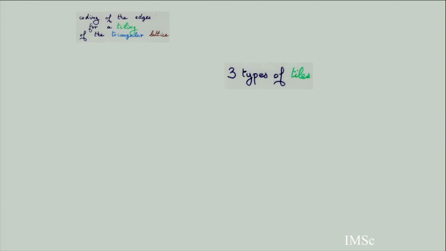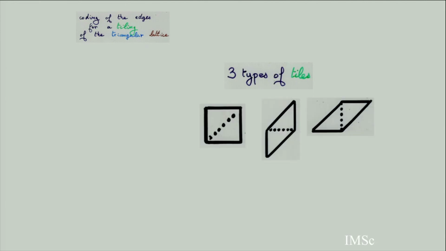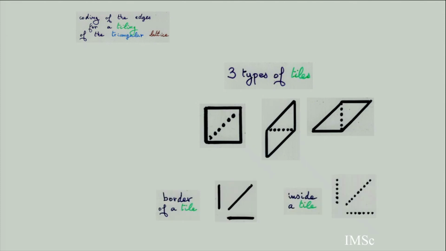So I am going now to encode this by operators. I put some operators on the edges, so I have to put some color on the edges. So there are 3 types of tile. I am going to put the rewriting rule of the algebra on the square lattice.